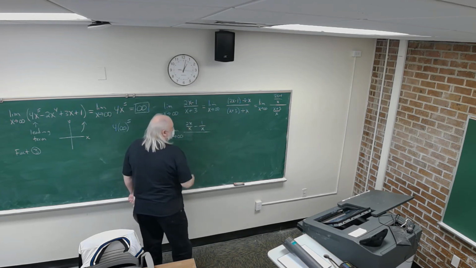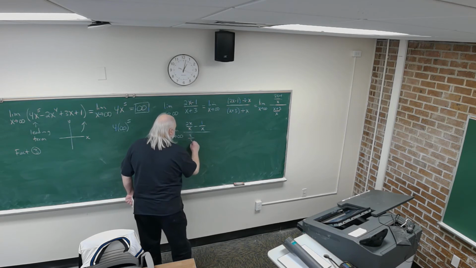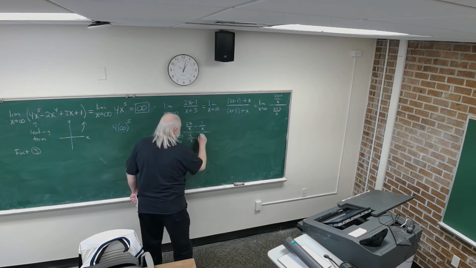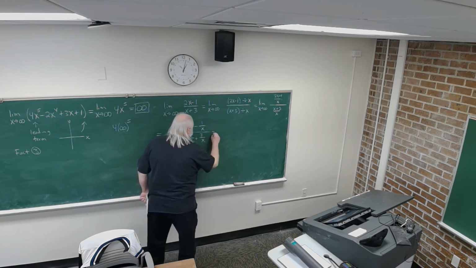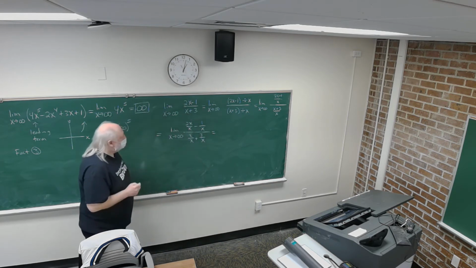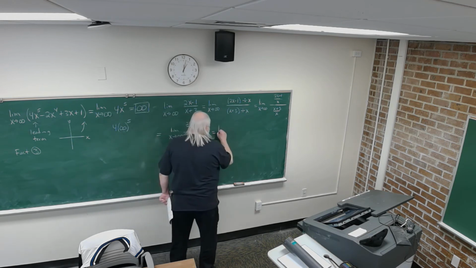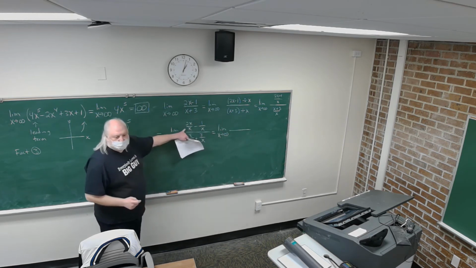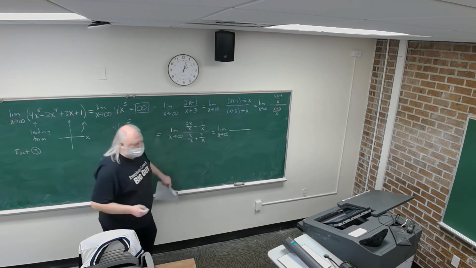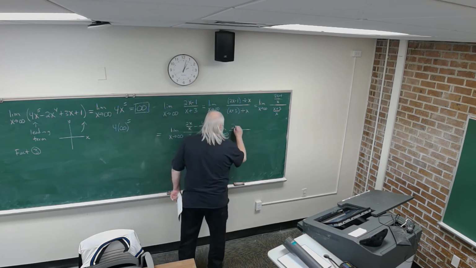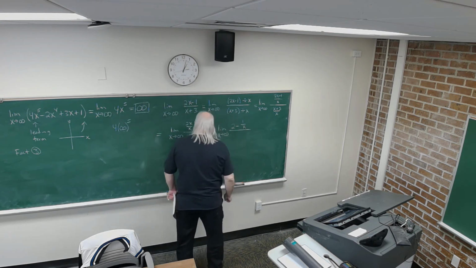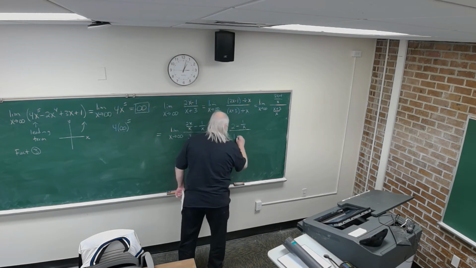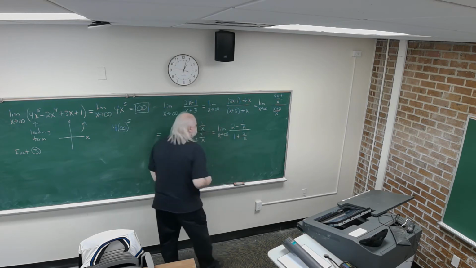And then x plus 3 over x is x over x plus 3 over x. Well, 2x over x is just 2. And x over x is 1.